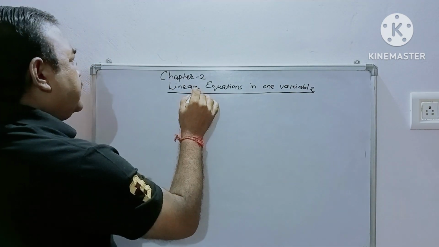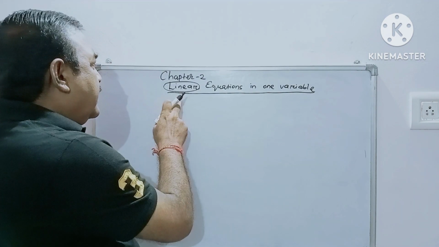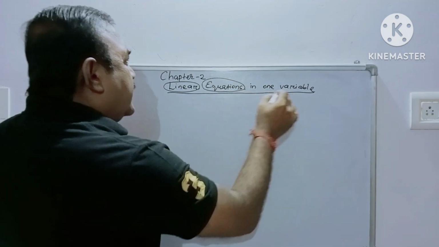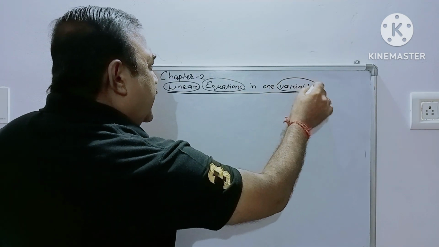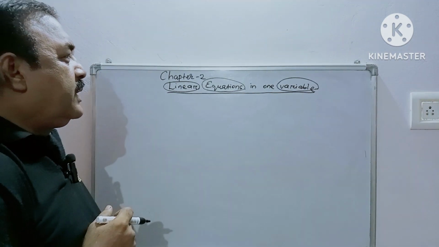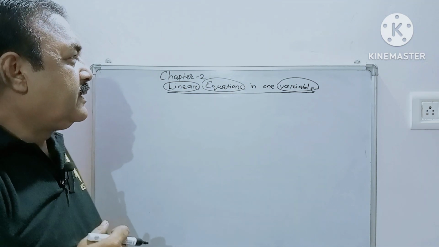There are different terms. You see, first is linear. From the word line, it has been linear. Then equations. Then variable. You know variable? We use a symbol, we use a letter that represents a number. Yes or no?